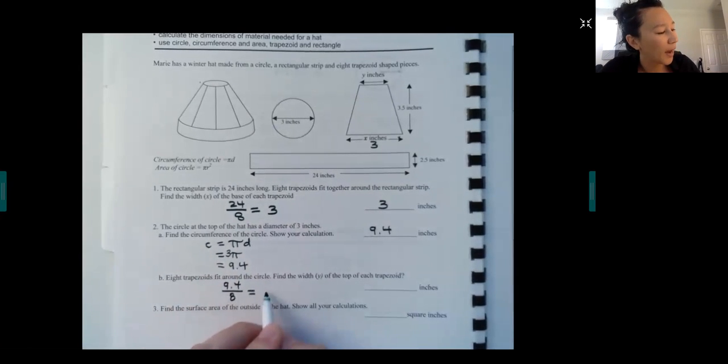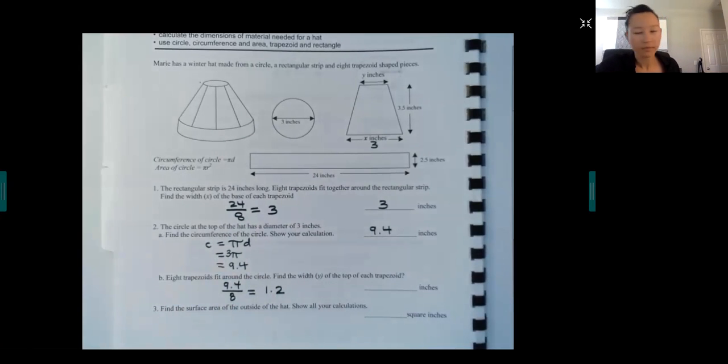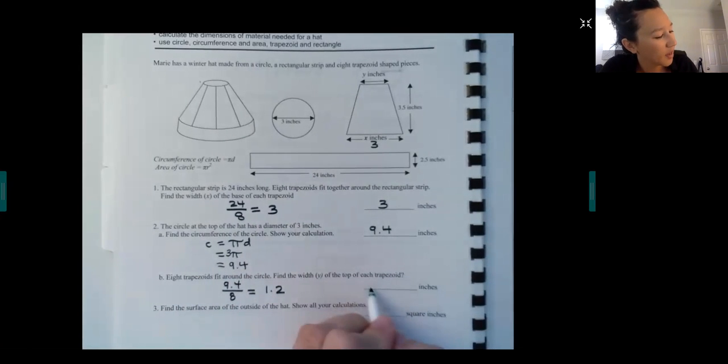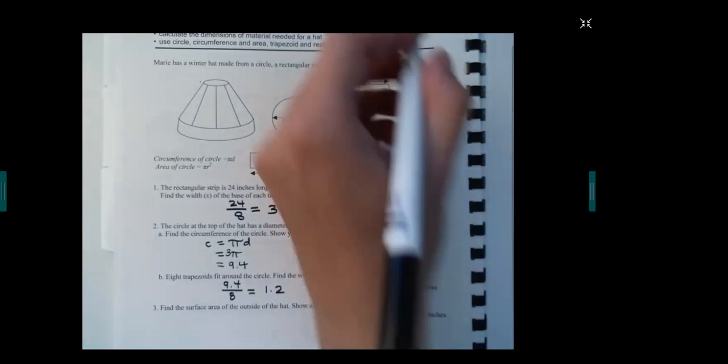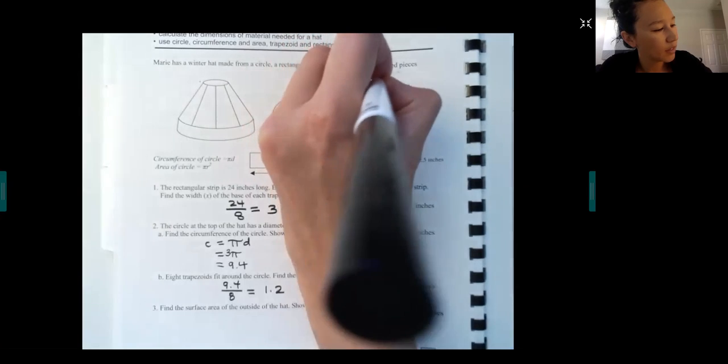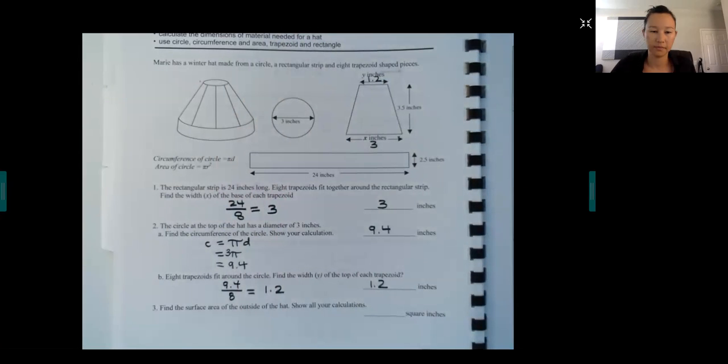And then we'll round, so 1.2 would be the width of the top of each trapezoid. So now we know this up here is 1.2 inches. Any questions so far?